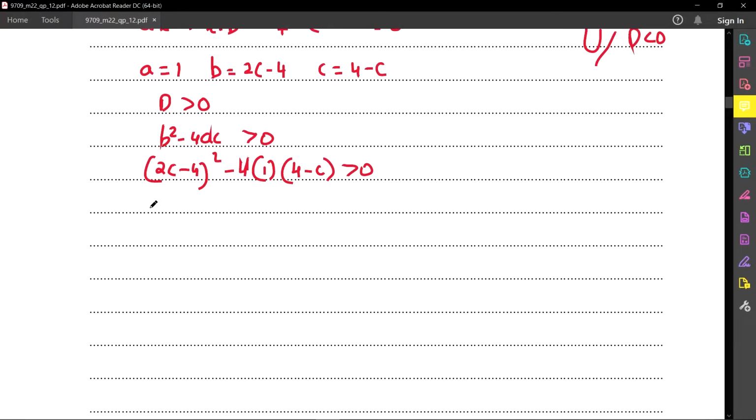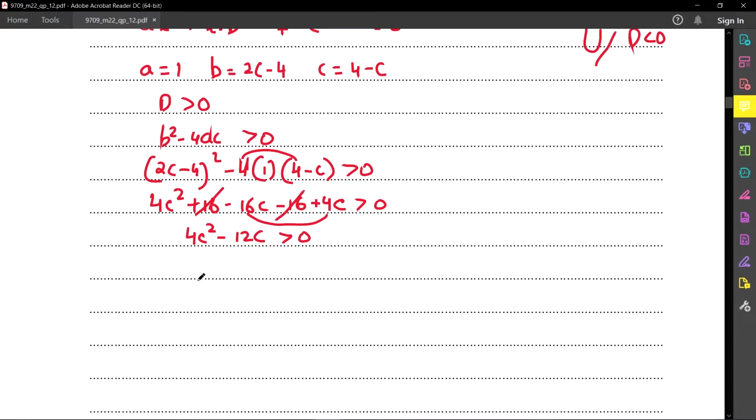Expanding this using (a plus b) whole square, you get 4c squared plus 16 minus 2 into 2 into 4, which is 16, so minus 16c. Multiply this 4 into 4, negative 4 into 4 is negative 16, plus 4c greater than 0. You can cancel the positive 16 and the negative 16. And minus 16c plus 4c will give you minus 12c greater than 0.